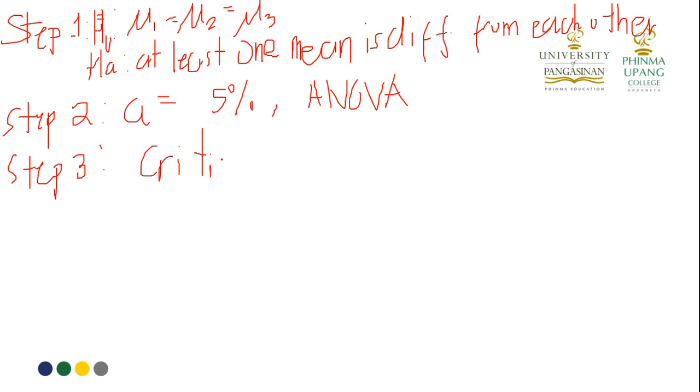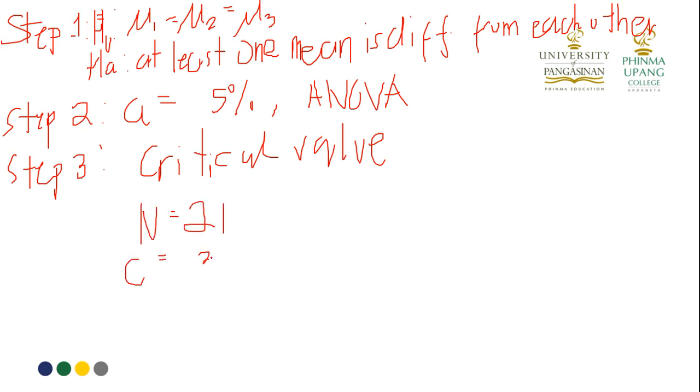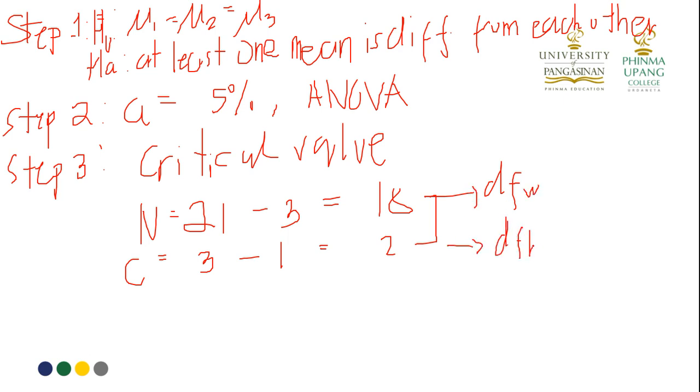Critical. What is the critical value at 5%? What is our n again? N is equal to 21. What is our C? 3. Meaning to say 21 minus 3 is 18, and 3 minus 1 is 2. So this is the DF. Is 18 DFB or DFW? DFW. And this is the DFB.